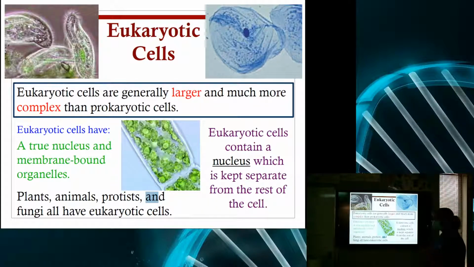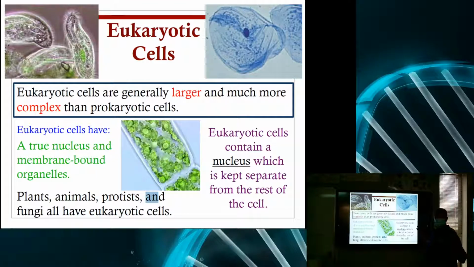Everything except bacteria is a eukaryote. All your plants, animals, protists, and your fungi, they all are made of eukaryotic cells. They all have a nucleus. They all have membrane-bound organelles. Remember, some of your protists will have chloroplasts, and your plants will have chloroplasts. Your animals will not. Your fungi will not. All right, that pretty much covers it.